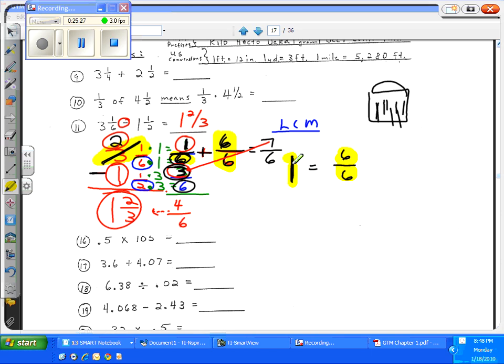In other words, I borrowed one whole. How many sixths is that? It's 6 sixths. So I add the 6 sixths to the one that I already had, which now gives me 7 sixths minus 3 sixths is 4 sixths, which reduces to 2/3. Okay?